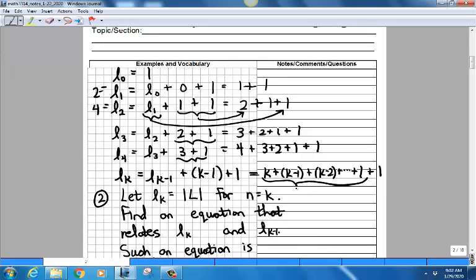This sum occurs frequently, and so there's actually a shorthand, a simple method for computing that sum. There's a very famous story that you probably heard before involving that sum. It's 1 plus 2 plus 3 plus 4, all the way up to some positive integer k. And so we have a shortcut method for computing that sum.